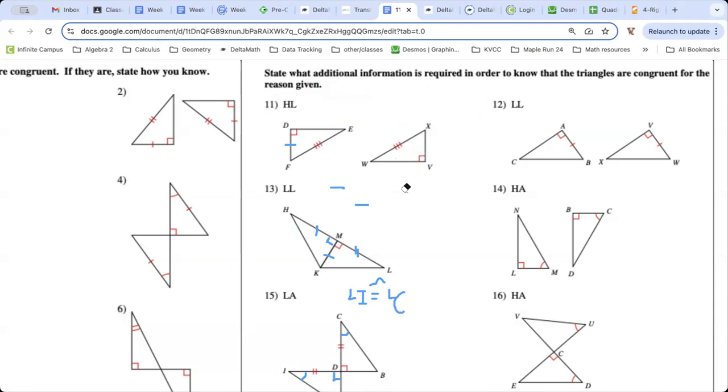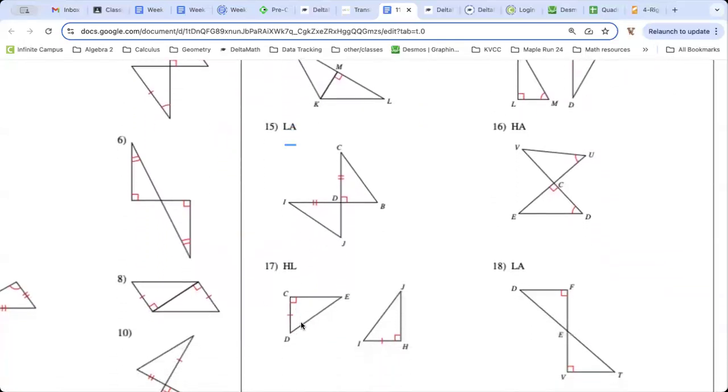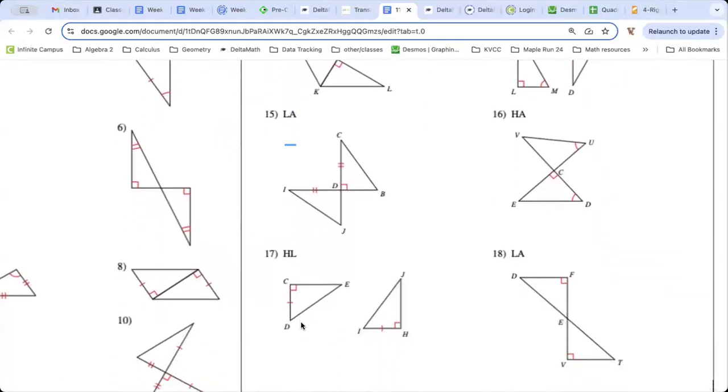Okay, so I have one more to look at. Hopefully you're picking up some hints as to how we do these kinds of problems, and you should have an easy time doing the even number ones. Okay, one more here. Let's go. Okay, so they want to do hypotenuse-leg. One pair of legs is already congruent.